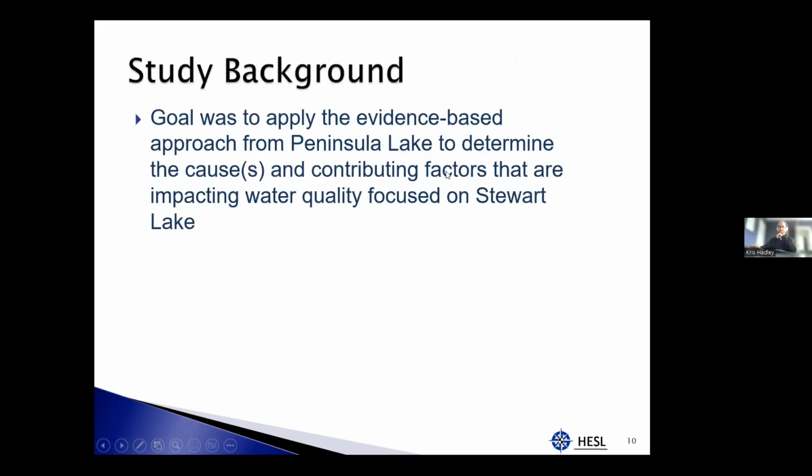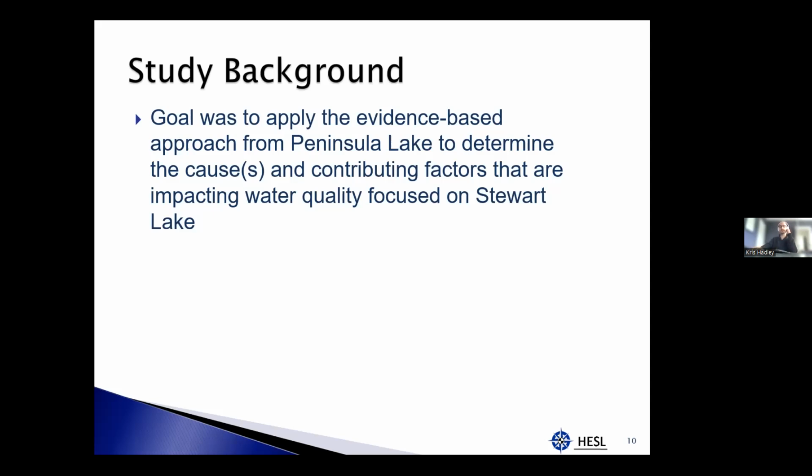Thanks, Beverly. Thanks, Chris. So the science side of the causation studies began with the Peninsula Lake pilot program study in 2019. Neil Hutchinson and myself developed a framework that we wanted to follow in order to try and identify causes of algal blooms in lakes in the Muskoka area to support the district.